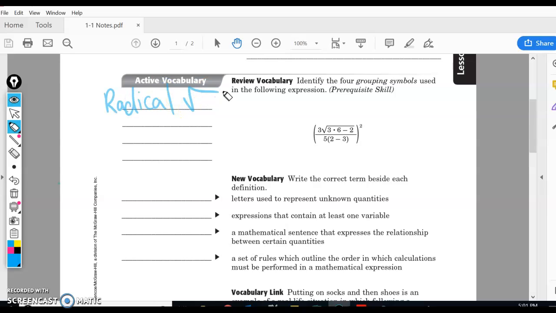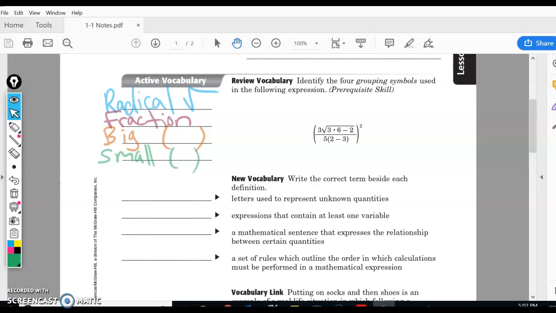There is also the fraction bar. That counts as grouping. There is also the big parenthesis. And there is also the smaller parenthesis. All count as grouping. So lots of grouping in that problem.